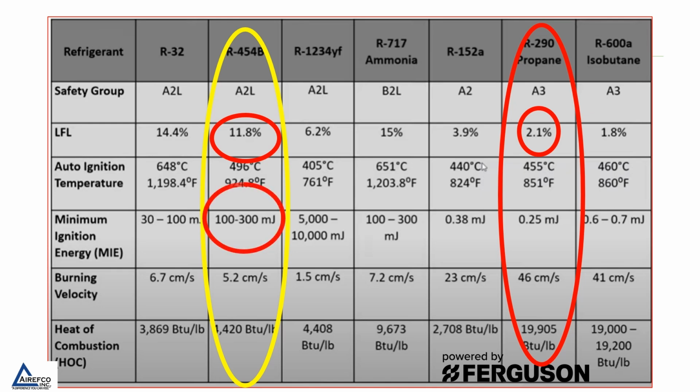The minimum ignition energy to ignite 454B would have to be 100 to 300 millijoules, whereas with propane, only 0.25 millijoule will ignite it. And then the burning velocity is 5.2 centimeters per second for 454B and 46 centimeters per second for R290 or propane. So you'll see that 454B is mildly flammable, where R290 or propane is highly flammable.